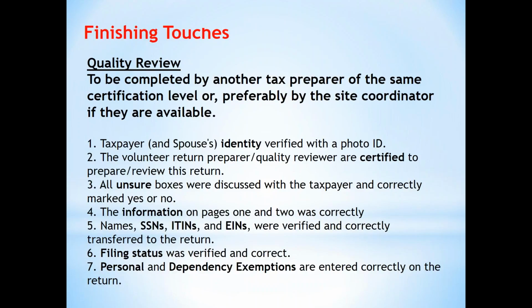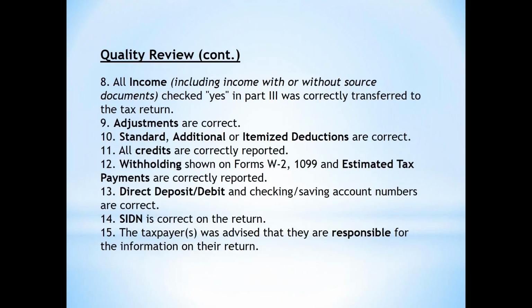It's right on there, so you'll want to double check all that information as well. You'll want to double check that you have the right social security numbers in the return. You'll want to make sure that the ITINs and EINs are printed on the tax return, that all the information is correct, and that you're on the same page for the filing status and how many dependents are in the household.